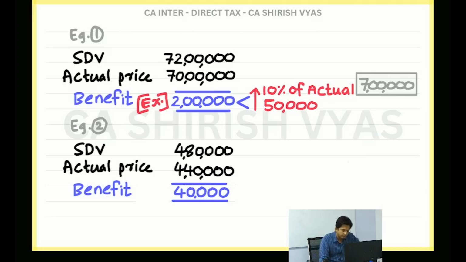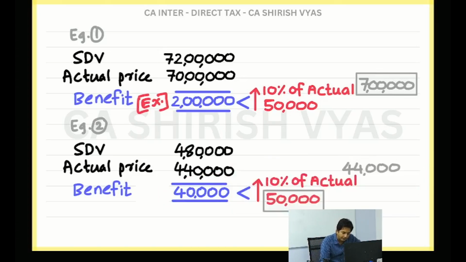Now try this one. First you have to calculate 10% of actual price, which comes to 44,000. Then compare with 50,000. And then don't forget, you have to take whichever is higher. So compare 44,000 and 50,000. What is high? 50,000. Now 50,000 is higher. And what is the benefit you are getting? 40,000.